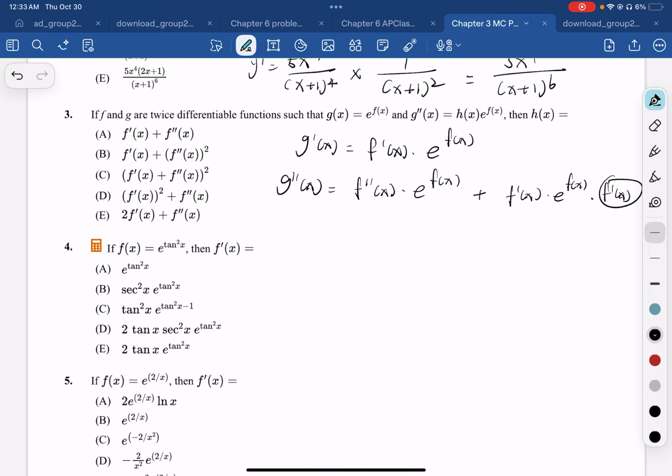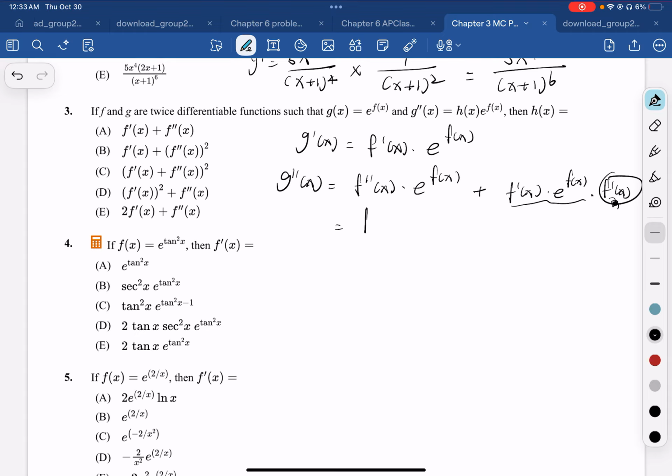So this one we got in the original derivative. Because it's a product rule, we have to do the first derivative times the second original, plus the second derivative times the first original. So we do the derivative of e raised to power of f of x again, and f prime of x here is kept as usual.